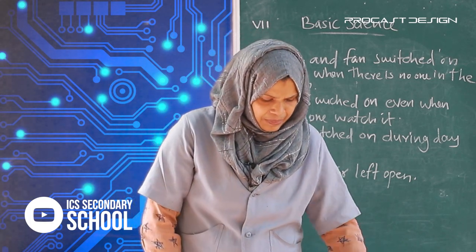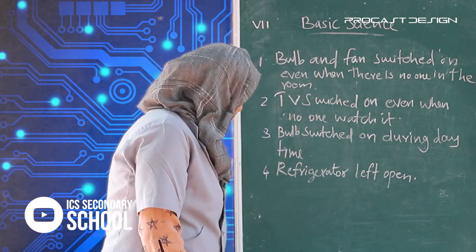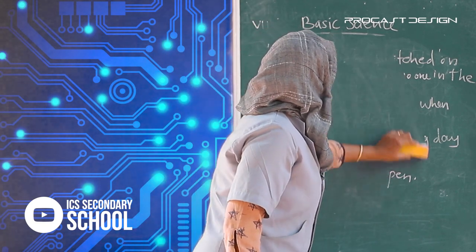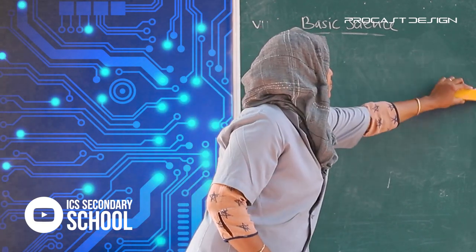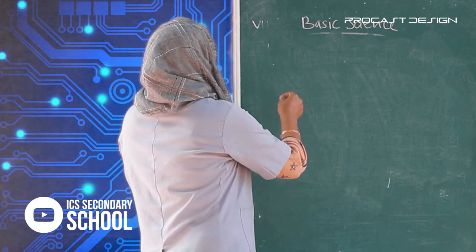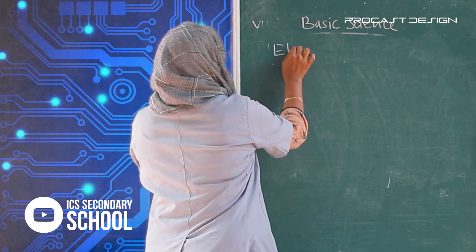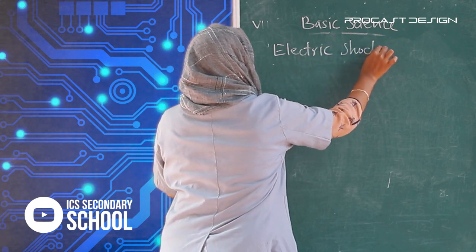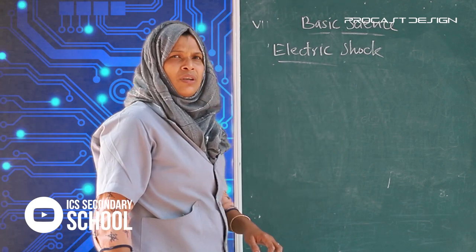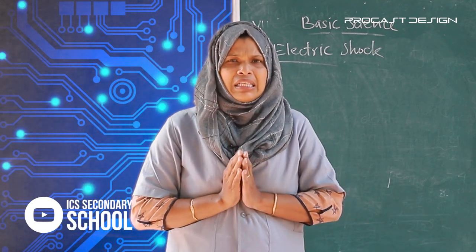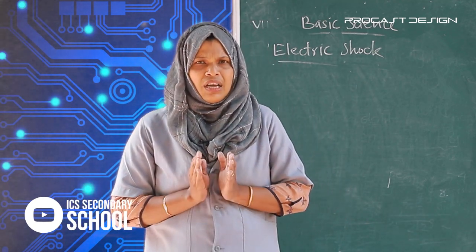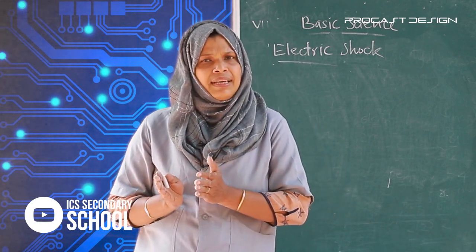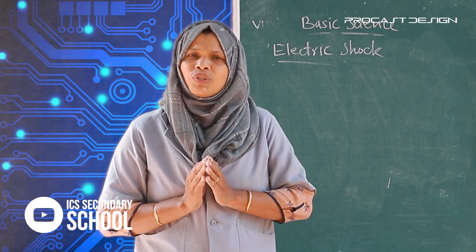Okay. Next topic is electric shock. You know that the electricity we get in our home is more powerful than the electricity we get from the battery or torch cell.